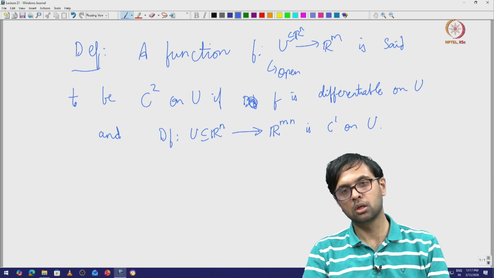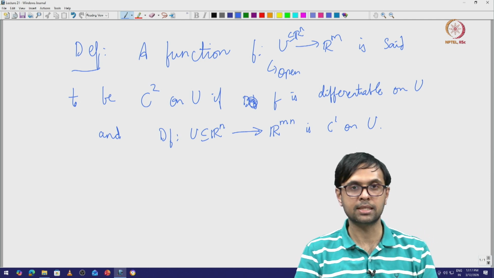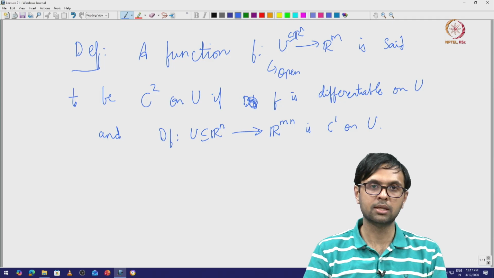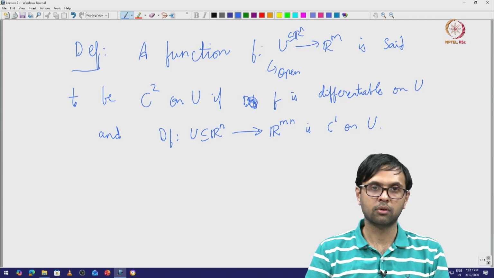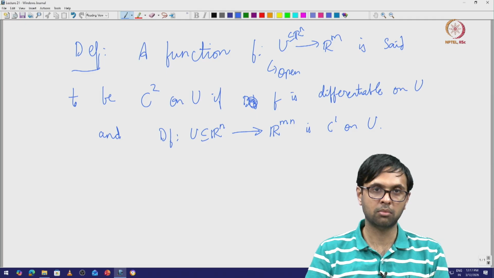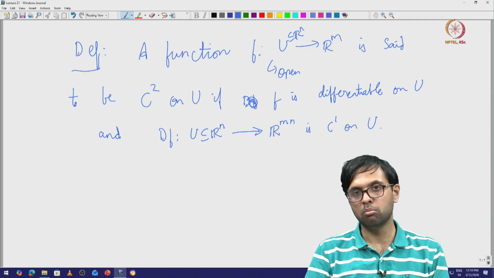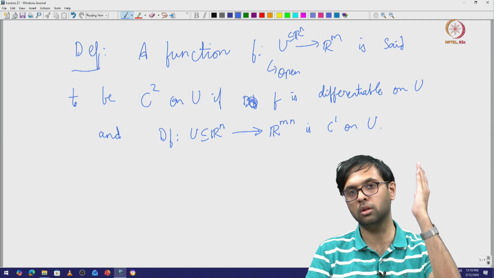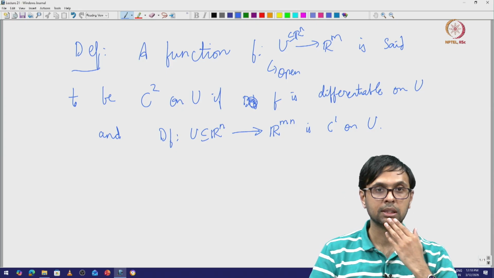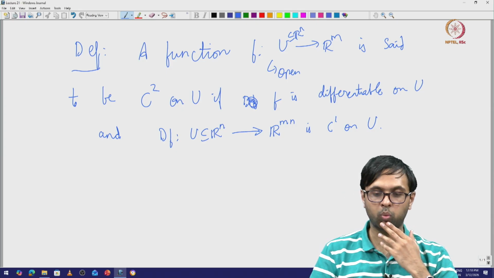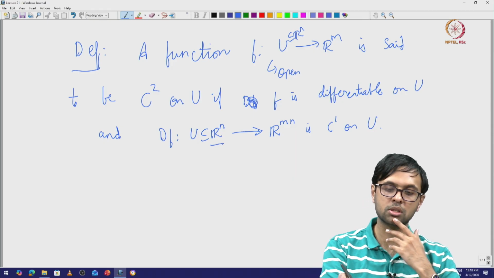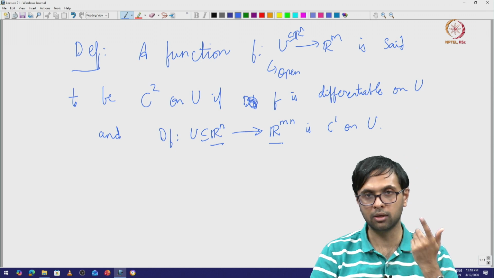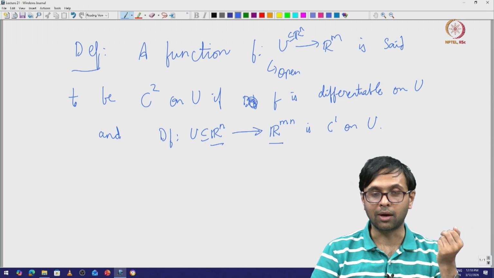So in other words, what do we mean when we say C2? What we mean is the derivative, which is a function from U to matrices, a matrix valued function, where I just arrange all the entries of the matrix as a single vector, is C1 on U. What does it mean for a function to be C1, especially a vector valued function?